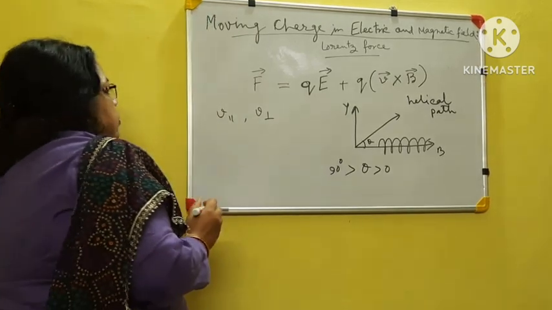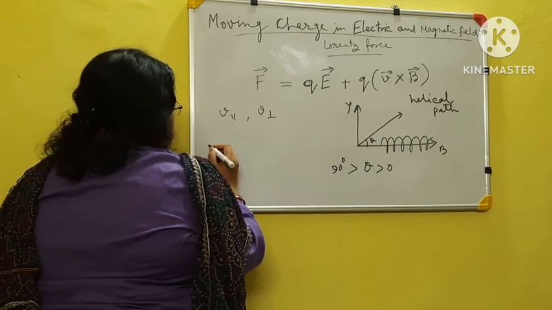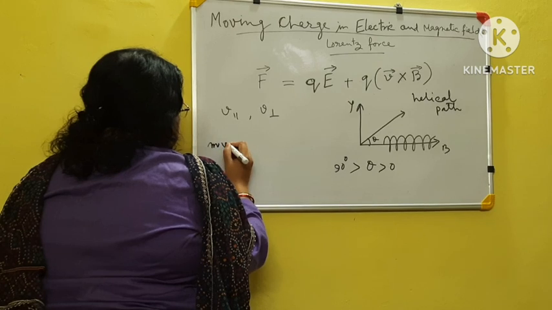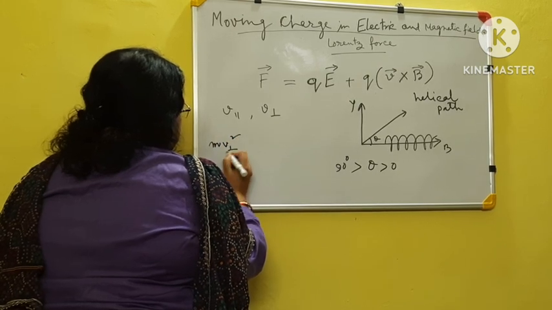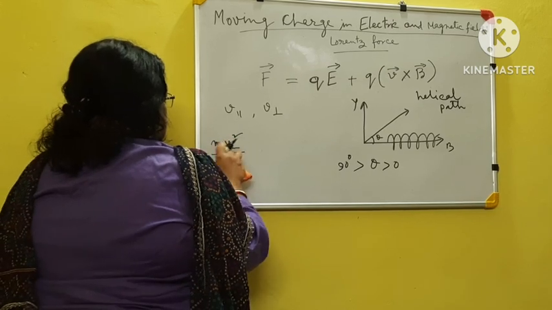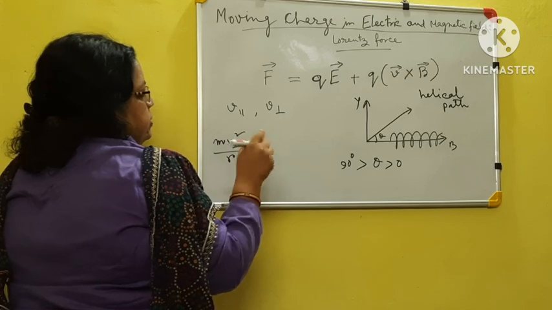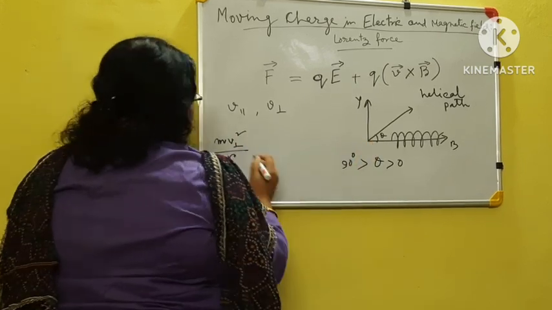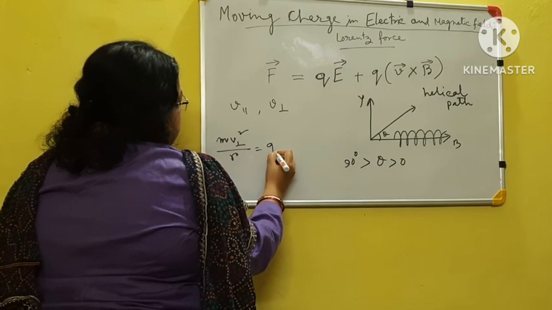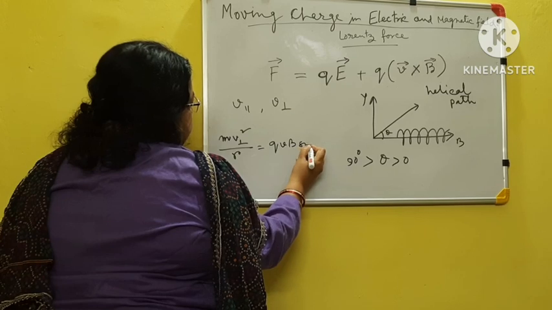Okay. Now in this case the centripetal force, that is mv square by r, where r is the radius of the helix, equals the magnetic force with the component of velocity, that will be qvB sin theta.